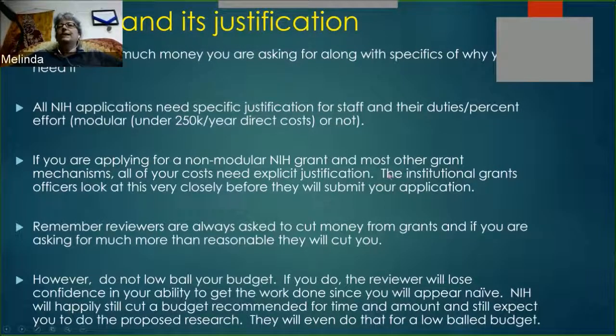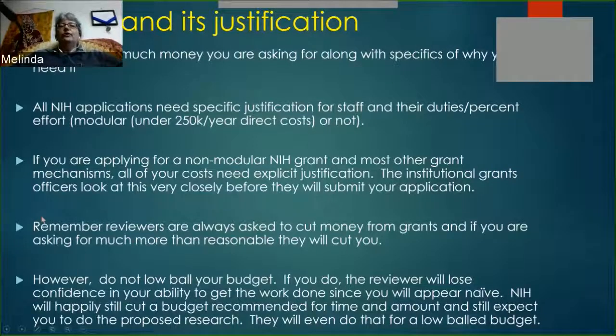Now, this is a piece that the institutional grants officers look at really closely, because if the grant is funded, it really is a contract between the institution and the funding agency. And they want to make sure that you've asked for all the indirect costs that you're supposed to ask for. Like in my world, we have to ask for a certain percentage of graduate student tuition. They want to make sure you've done that and that you have asked for funding for all the stuff that needs to be funded.